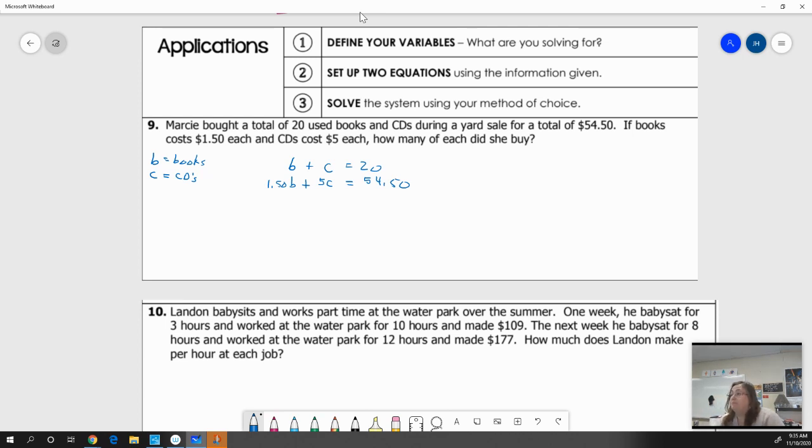But if I multiply B times $1.50, that's the price of each book. And if I multiply my CDs times 5, that's the price of each CD. What I know is that all of my books plus all of my CDs equal 20.